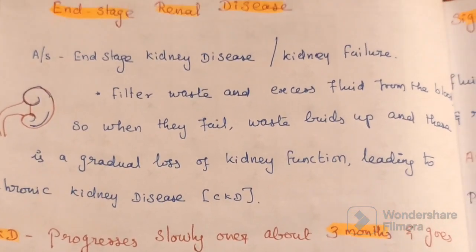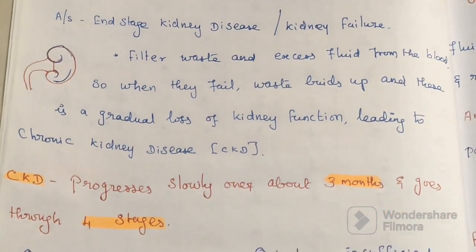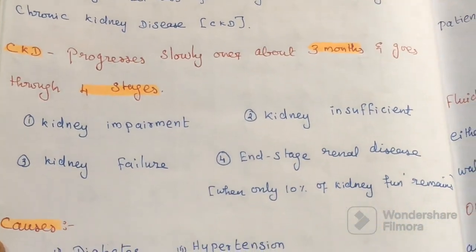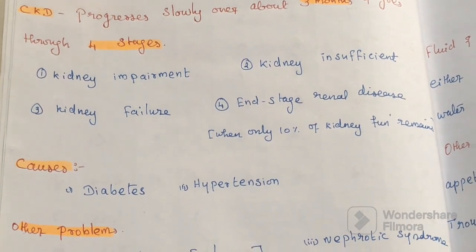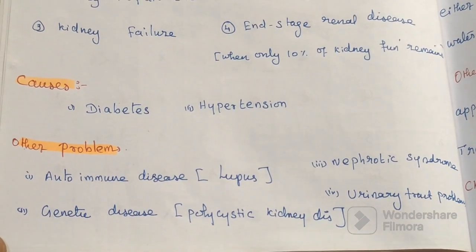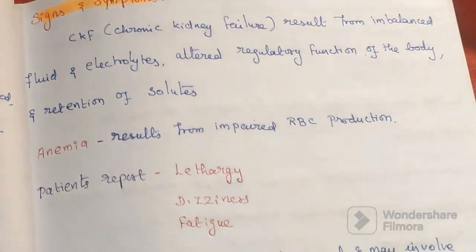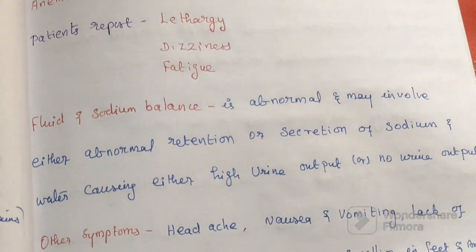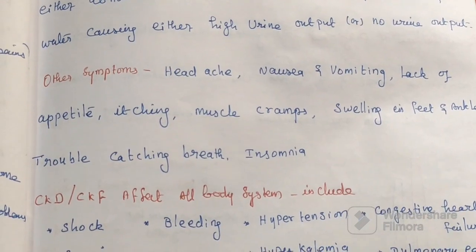So in this video we discussed the introduction to end stage renal disease. It progresses over 3 months and has 4 stages. The main causes are diabetes and hypertension. Signs and symptoms include anemia and fluid and sodium imbalance.